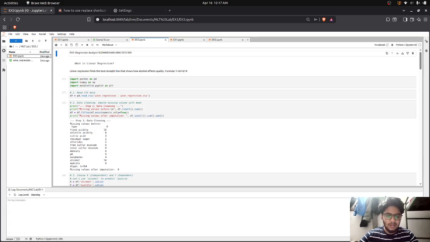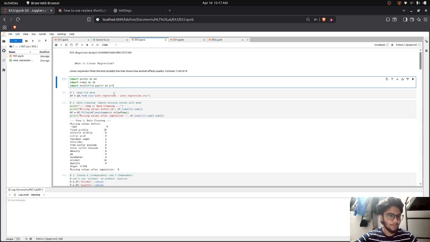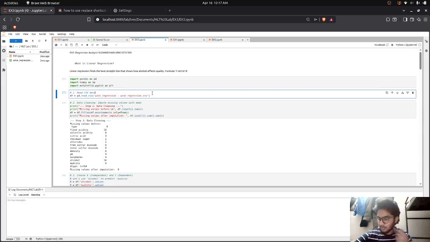Now we will move into the part where I explain my code. First, import the libraries you require. Second, read the file. I kept the file here, so I read it. Linear regression finds the best straight line that connects input and output.